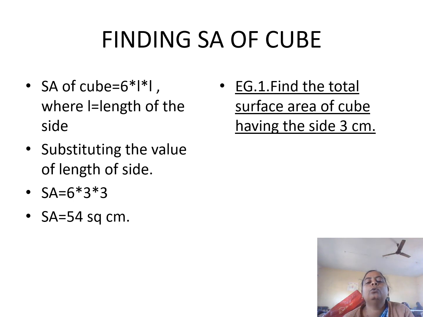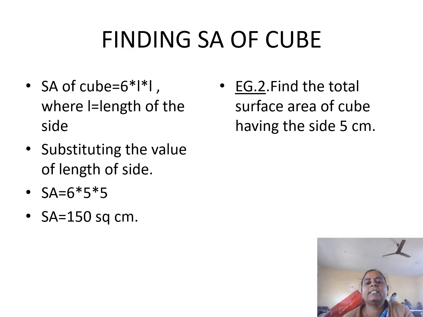It is 6 into L square. Substituting the value of the side of the cube, we get 6 into 3 square, that is equal to 54 square centimeter. So the total surface area of the cube having its side 3 centimeter is 54 square centimeter.